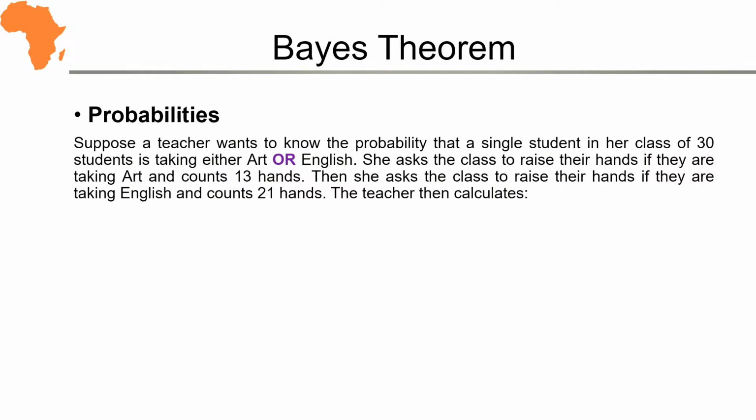We're good? So you raise your hand, you're taking art, you're 13 of you. So sawa. Then she asks the class to raise their hands if they're taking English. 21. What is the probability that somebody in this class, we are 30, takes art?